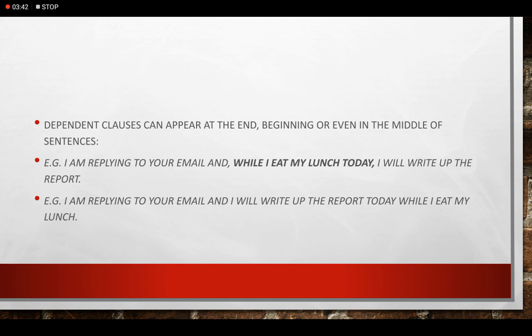So see, we are using the connecting word while. I eat my lunch. It doesn't make complete sense. What? Where? How? The other two independent clauses add meaning to the dependent clause, that while I eat my lunch, I will write up the report and I am replying to your email. So this is a complex sentence.